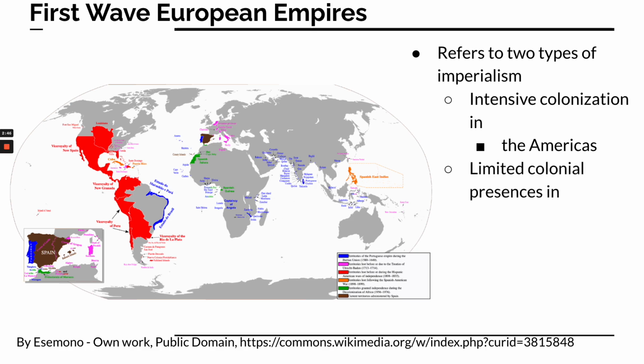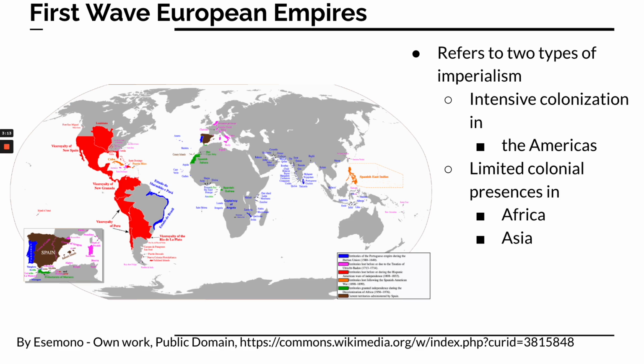On the other hand, Europeans have very shallow and superficial colonial presences in Africa and Asia. Again, as you can see in this map, Spain has lots of little places, really just trading posts, basically, in Africa and Asia.